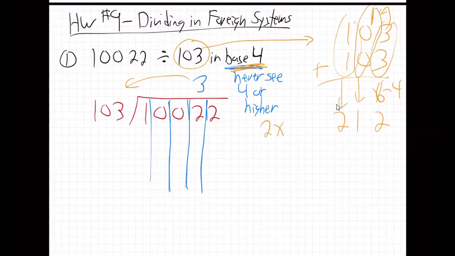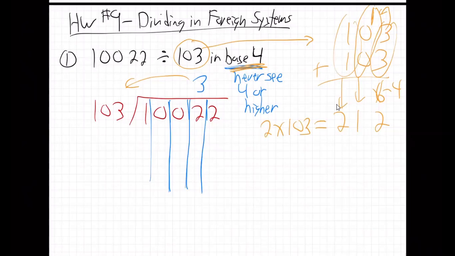That's 2 times 103, isn't it? See how that's 2 times 103? Because that's 103 added twice. So we're building our times tables. Notice it's not 206 like you might think. It's 212 because it's funny in base 4 because of the carrying.